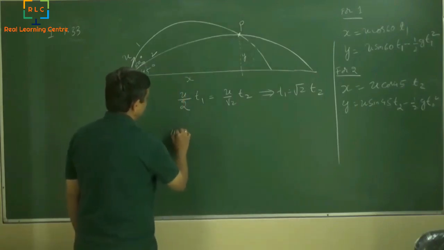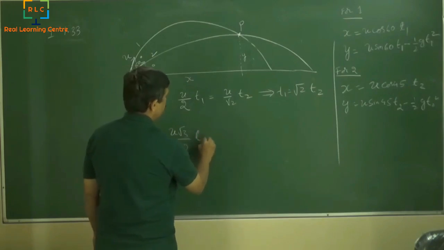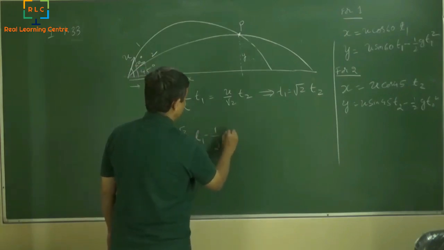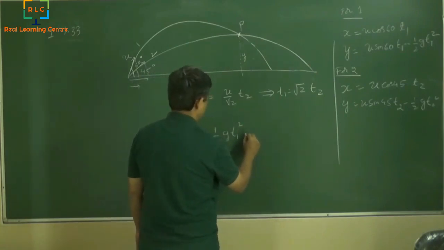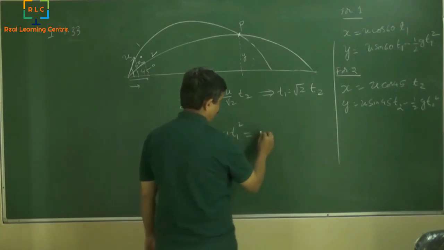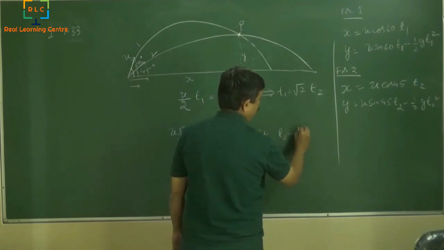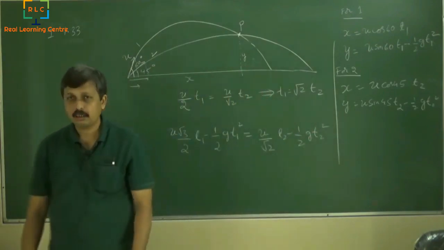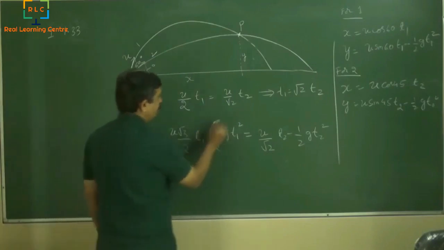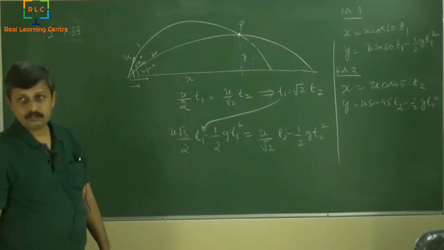u sin 60 is u into root 3 by 2 into t1 minus half into g t1 square is equal to u sin 45, which is u by root 2 into t2 minus half g t2 square. So in the place of T1, substitute root 2 T2.